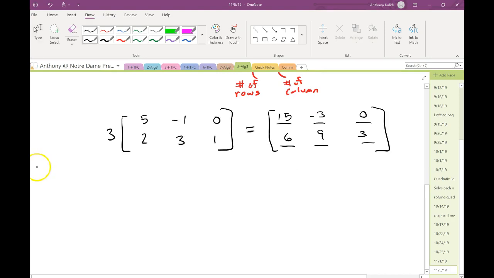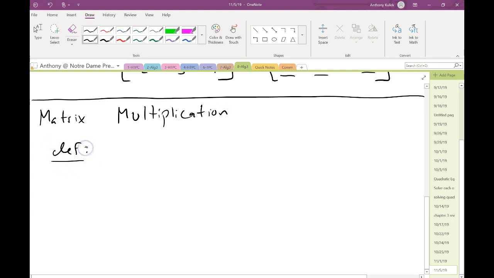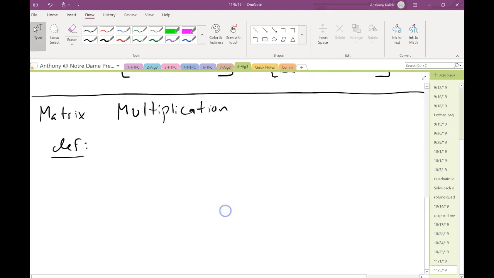What I want to talk about today then is the next operation, which is matrix multiplication. And while these first two operations that we've talked about, addition, subtraction, and scalar multiplication, have been really intuitive, there's nothing odd going on here.